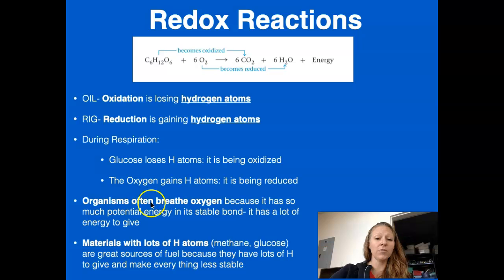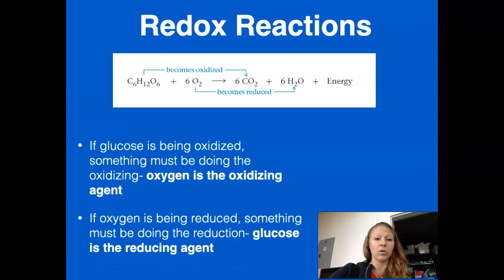So organisms often breathe oxygen because it has so much potential energy and it is stable. It has lots of energy to give. And remember that materials with lots of hydrogen atoms, methane, glucose, are great sources of fuel because they have lots of hydrogen that give and make everything less stable. So we need that hydrogen to bond to stuff to make things less stable. So if glucose is being oxidized, something must be doing the oxidizing.